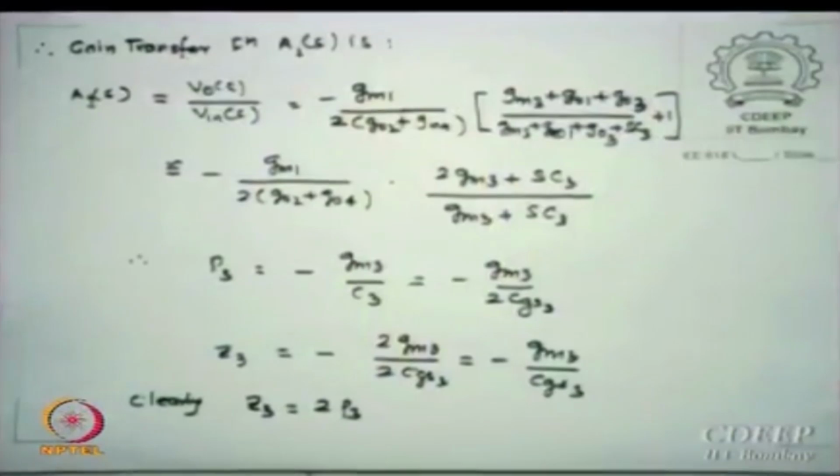Now, have everyone noted this down? As I said, I am only showing this for the sake of completeness. I actually took data and substituted it. What is the typical CGS? It should be 2/3 COX in saturation. Of course there is overlap capacitance, so you may add something additionally, but typically we can choose 2/3 COX.